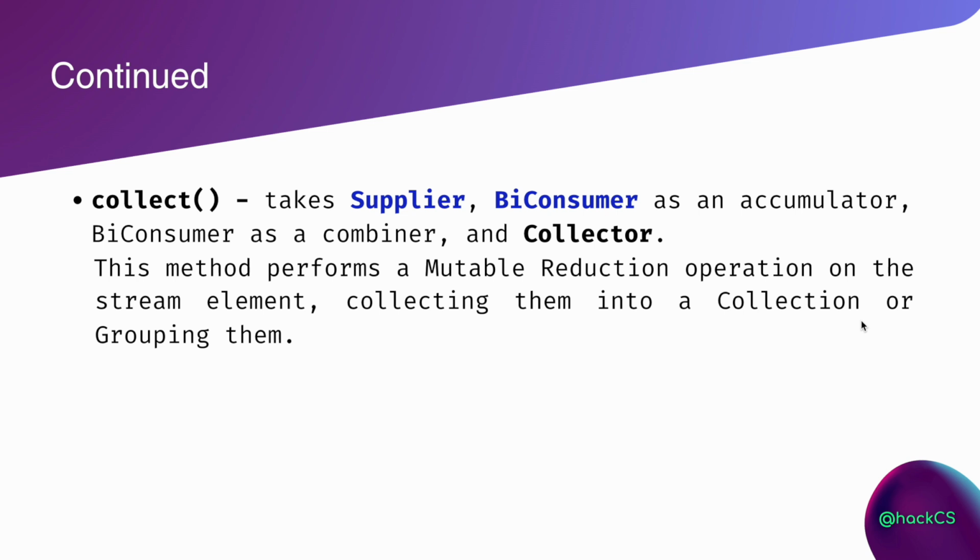So collect takes a supplier, a biconsumer as an accumulator, a biconsumer as a combiner, and a collector. Right now, because it's more theory, you just need to understand collect as a group by clause in a database. I know that for many people who don't know databases or SQL, it's hard to understand what group by is in a table.